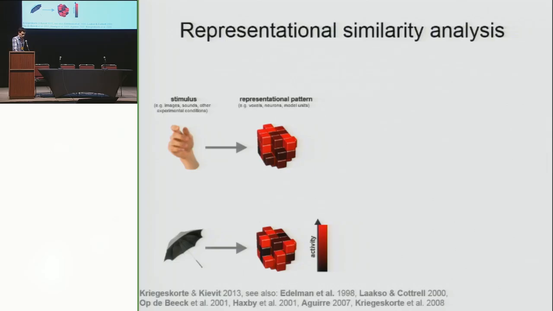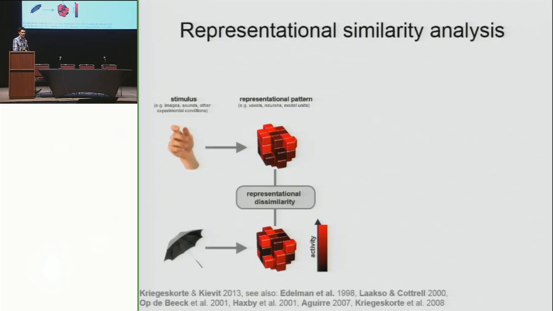And then in order to characterize the representational space of all the stimuli, we compare these patterns. So we measure in some way the representational dissimilarity, and this is what I'm going to talk about a little later in more detail, how to do that. One way to do it is by just correlating these patterns across the voxels, and then if we want, that would be a similarity.